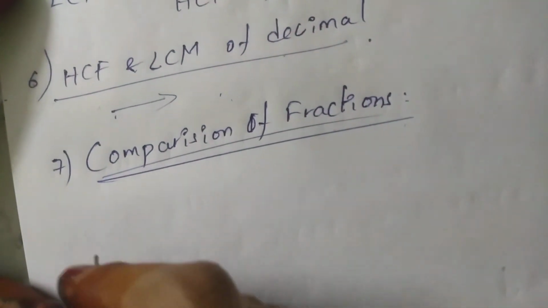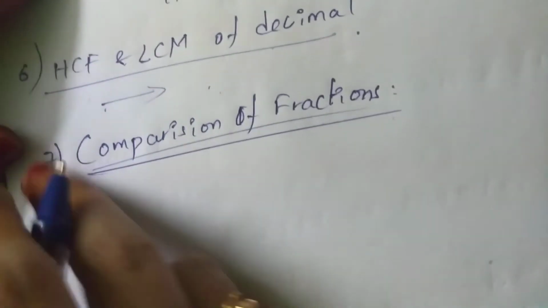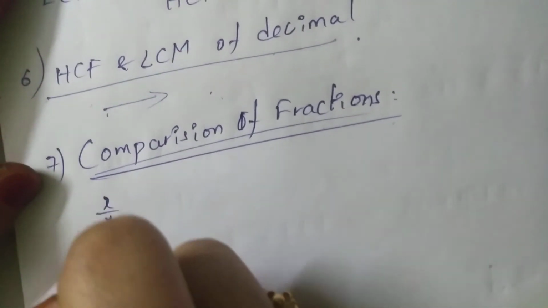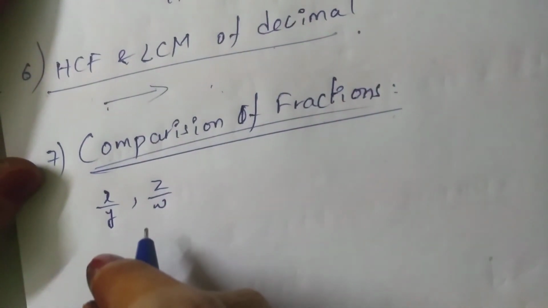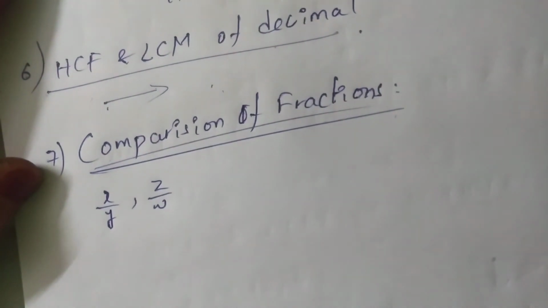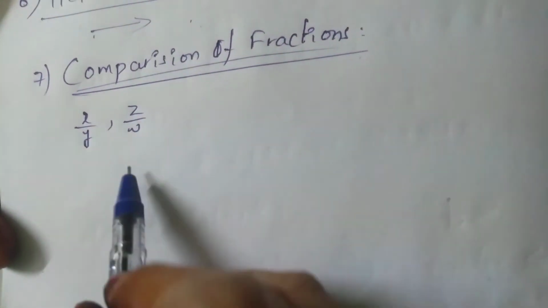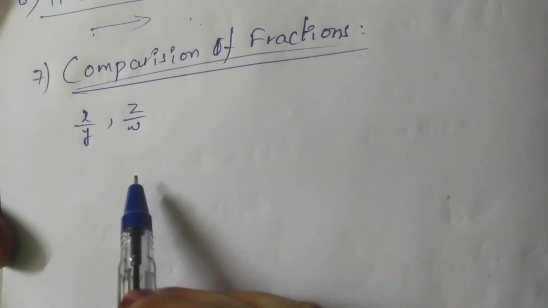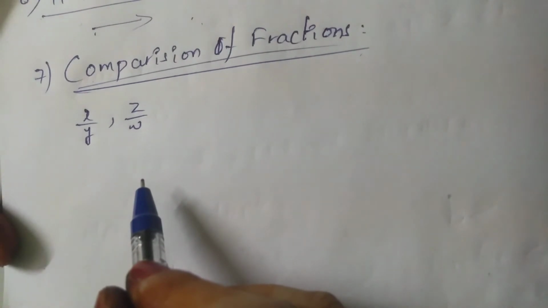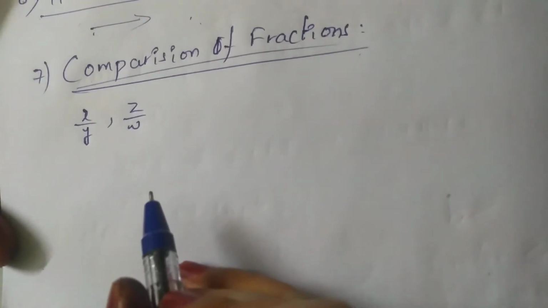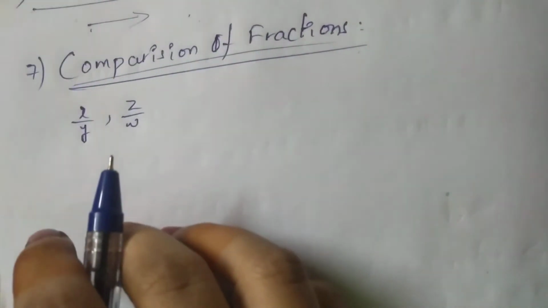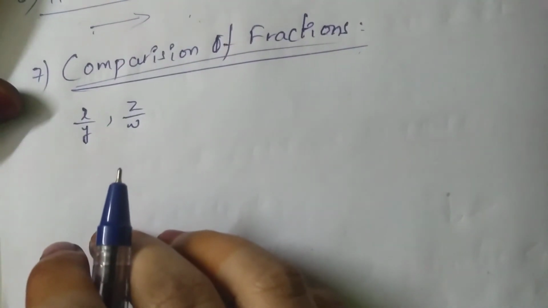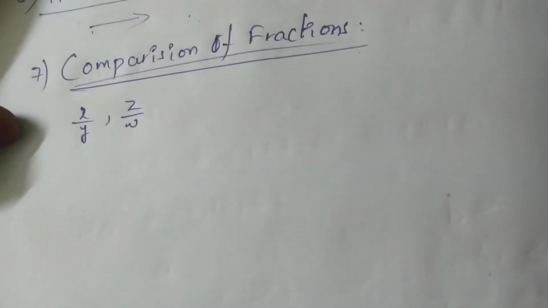If we have two fractions like x by y and z by w, then we need to find the LCM of the denominators of the given fractions. Convert each of the fractions into an equivalent fraction with LCM as the denominator by multiplying both the numerator and the denominator by the same number. The resultant fraction with the greatest numerator is the greatest one.